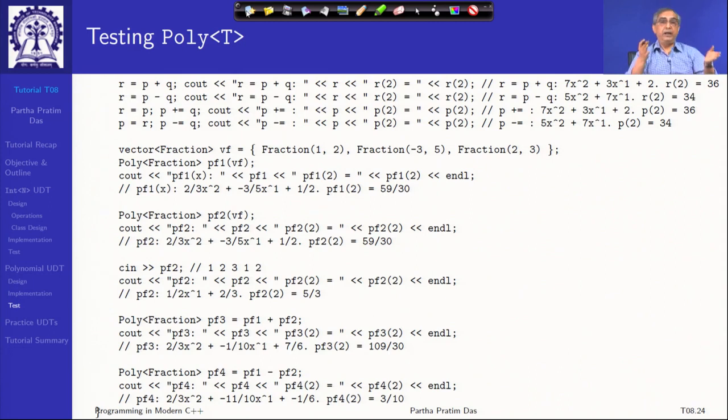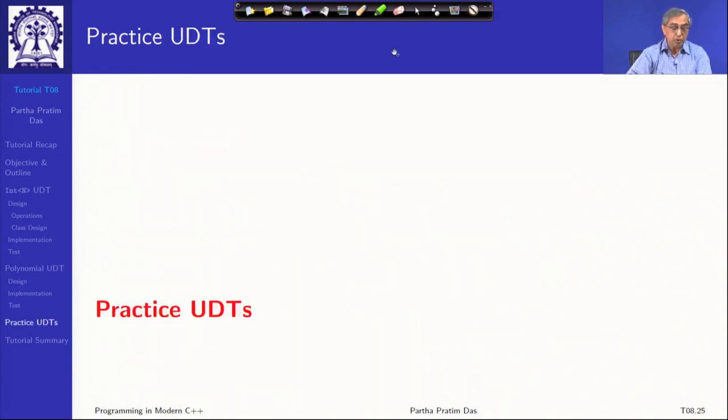I can use my limited size int also to define fraction. I can use polynomial of int n sized numbers and so on. So, there are several ways these things can be mixed, and in the practice UDTs, I am not going through the slides. I have given a number of problems for you to design and practice and try out.